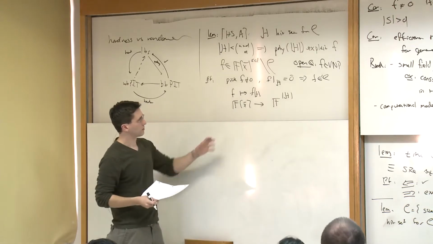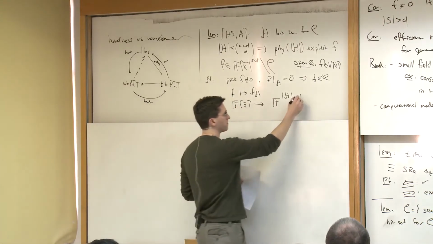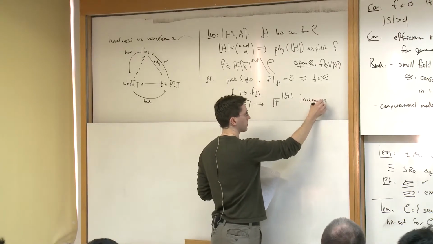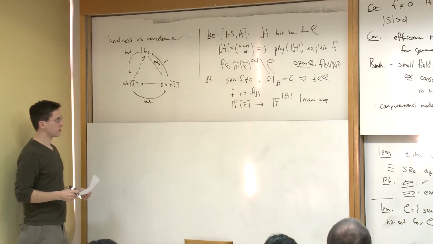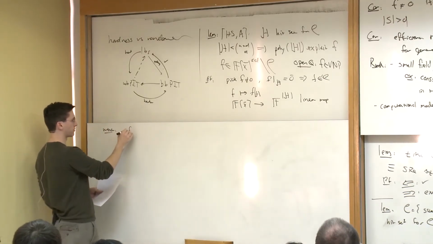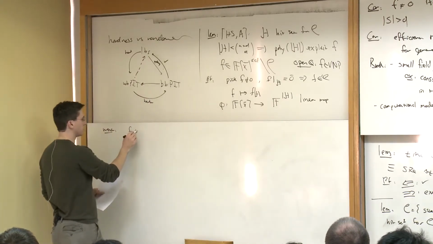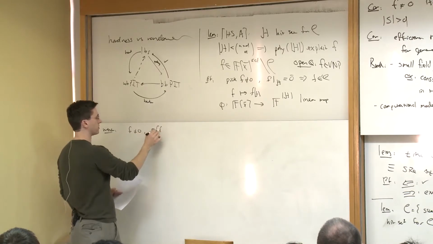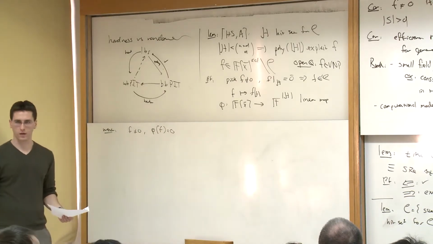Both of these are vector spaces, and this is a linear map, which is not too hard to see. Let's call this map phi. We want an f which is non-zero, but phi of f is 0. So we want something non-zero in the kernel of this linear map.